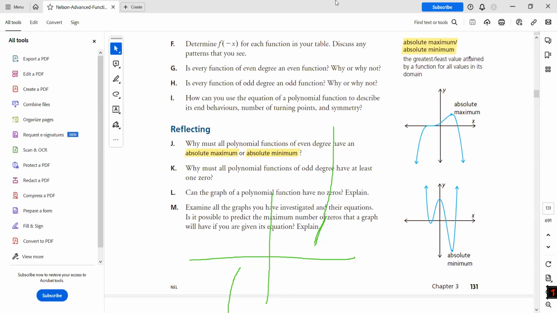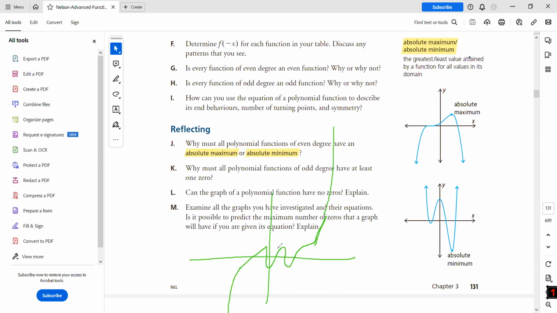At least once. It means if you have degree 5, you can have as many as up to 1, 2, 3, 4, 5 zeros.